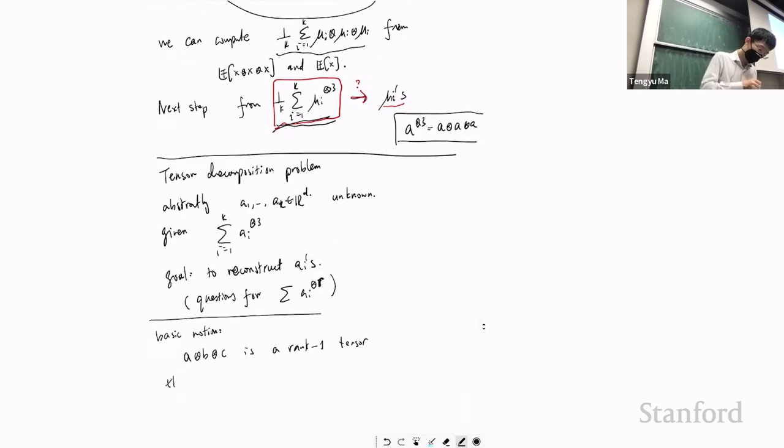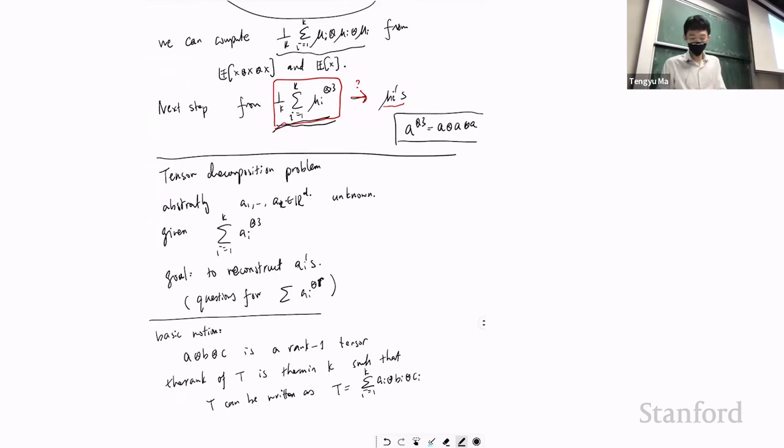And then the rank of a tensor T is the minimum k such that T can be written as a sum of k rank 1 tensors. Sometimes this is also called CP decomposition.